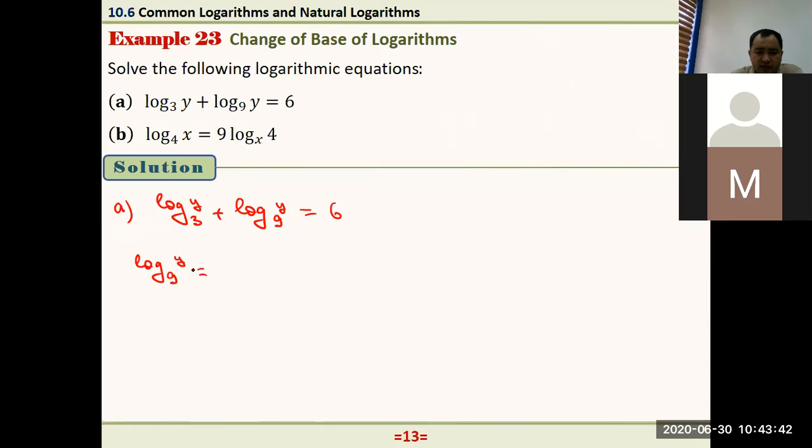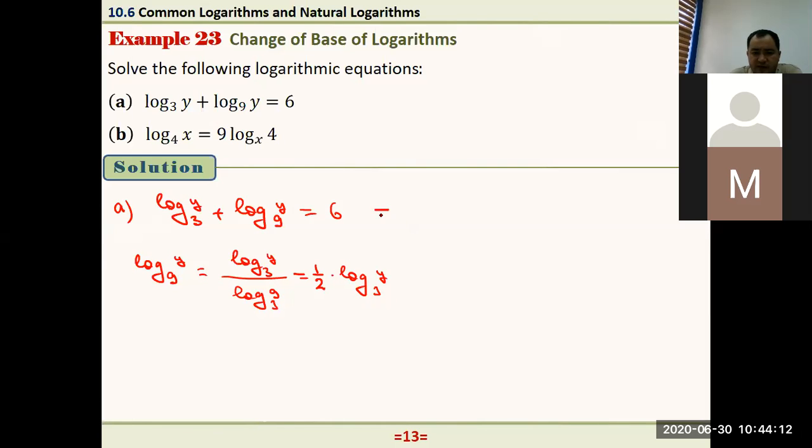Here we have 3. How can I have here in the base 3? So I can just write it as logarithm of y to the base 3 over logarithm of 9 to the base 3, right? This is b, this is a, our base is 3. Logarithm of 9 to the base 3, we know it is equal to 2 because 3 squared equals 9, right? So here we have 1 over 2 times logarithm of y to the base 3.